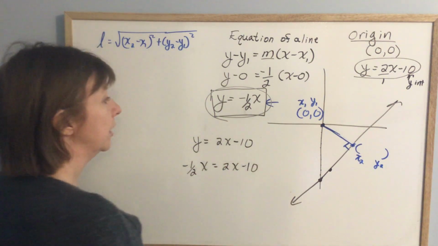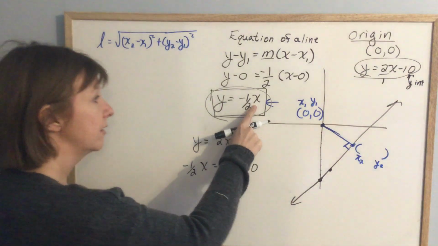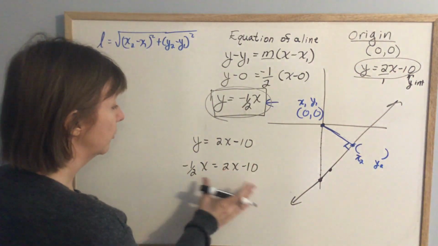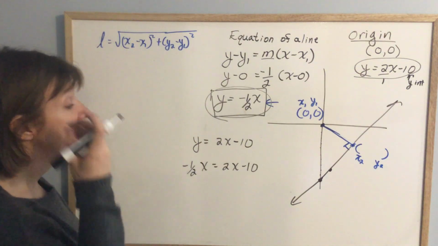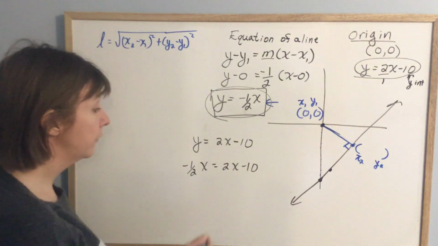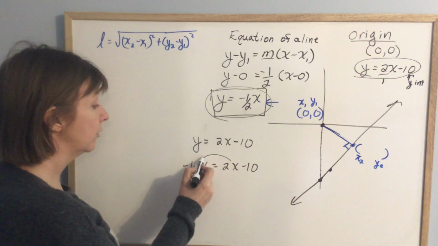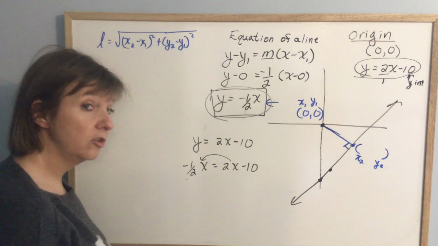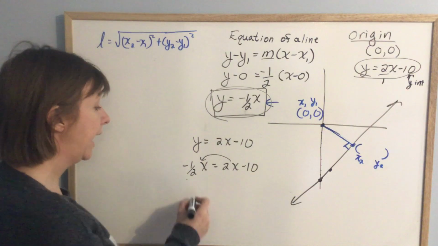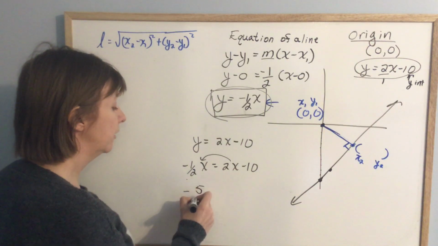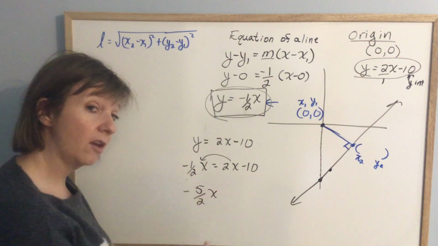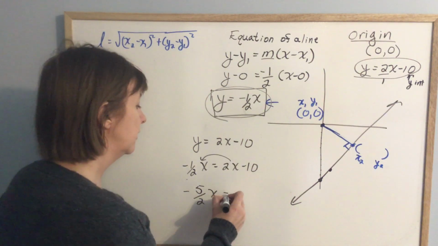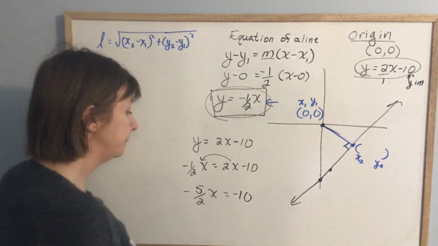In essence, what I'm doing is making this equation equal to this one. They're both y, so they're equal to one another. Now I can solve this. If I move this over here, I have negative 1/2 x minus 2x. That's negative 2.5x, which would be negative 5 over 2 x. If you like decimals better, put negative 2.5. It's fine. Is equal to negative 10.